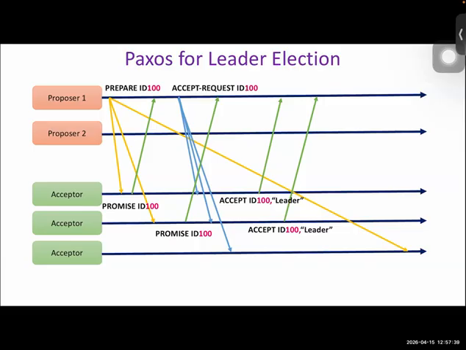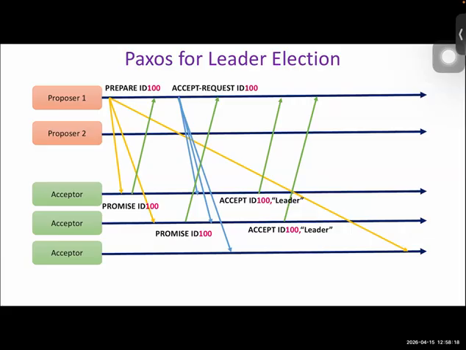For multi-PAXOS, applications often need a continuous stream of agreed values to commit transactions in a replicated database. Each transaction needs a consensus agreed upon by the replicas. So they run multiple instances of PAXOS with different round numbers like 100, 150, 200, 201, and so on.